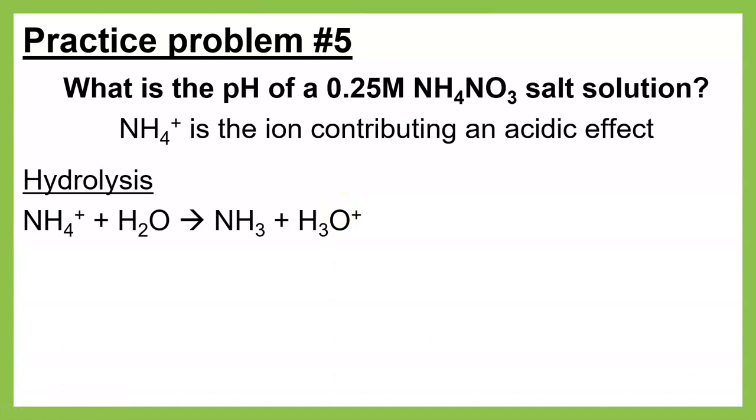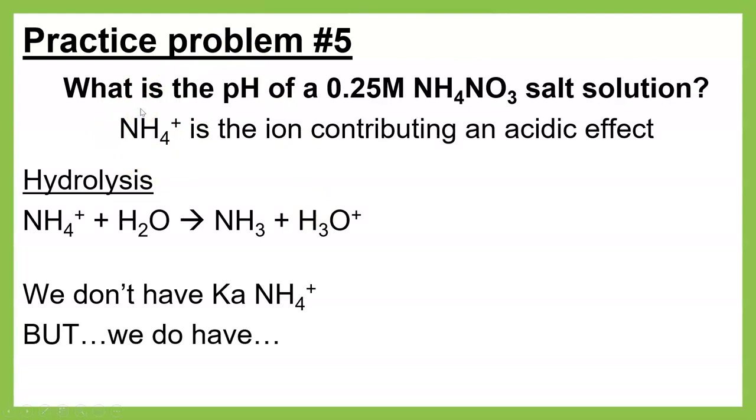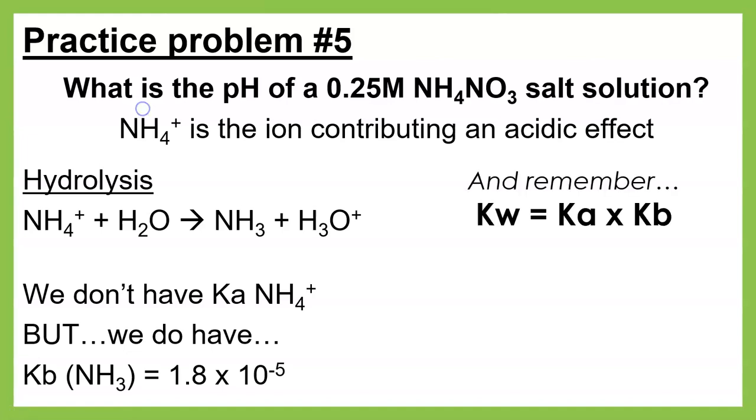So now we need to start doing equilibrium calculations, which means we need K values. But I don't have a K value for this ion. I have a Kb for NH3. We know our Kw.